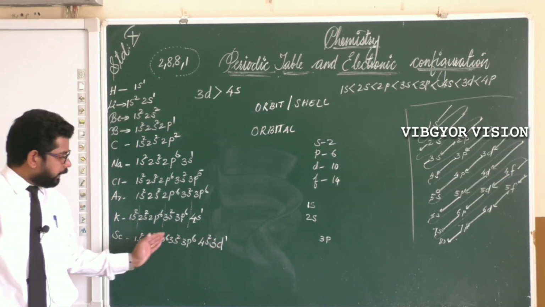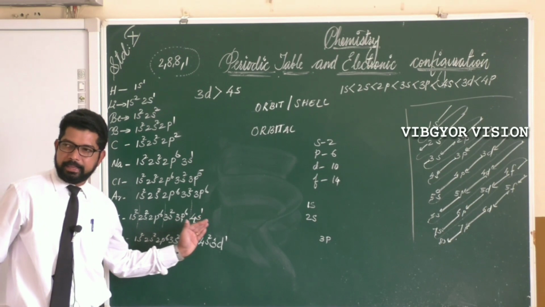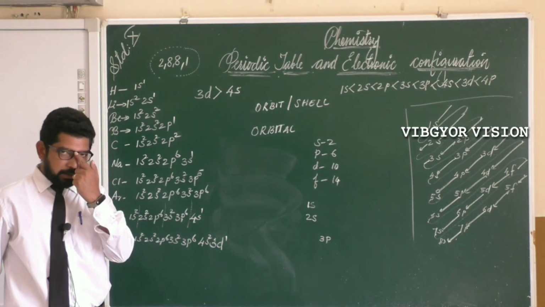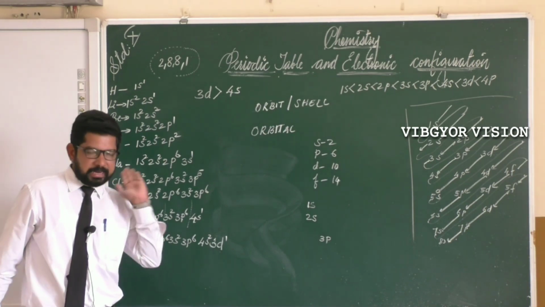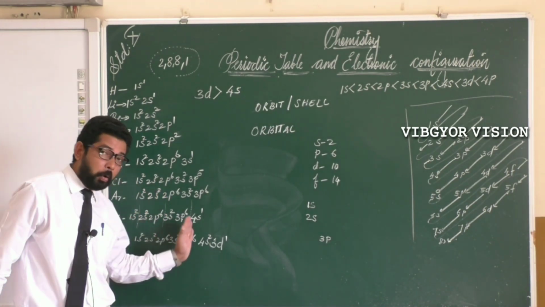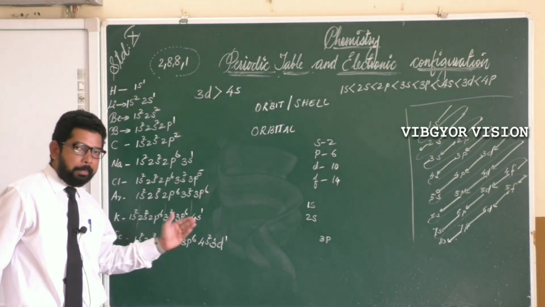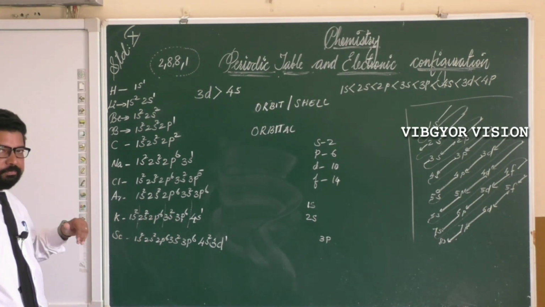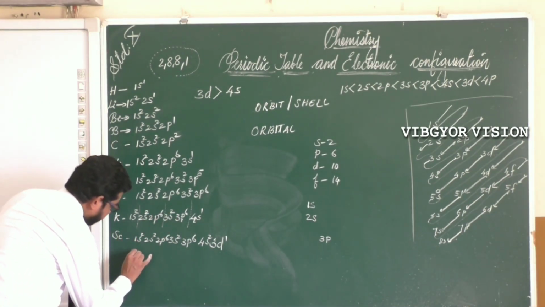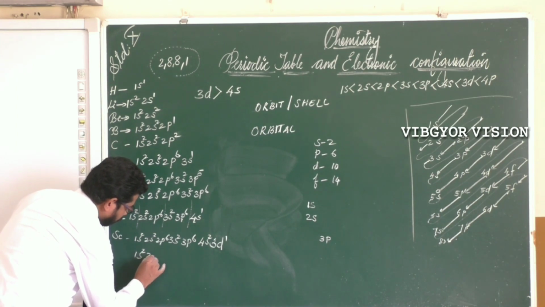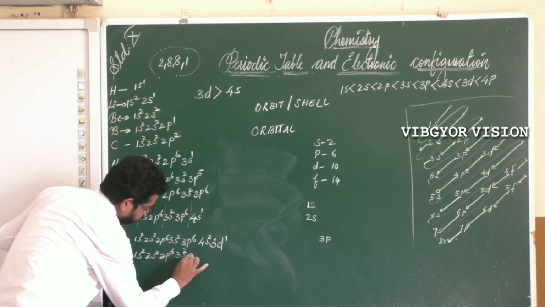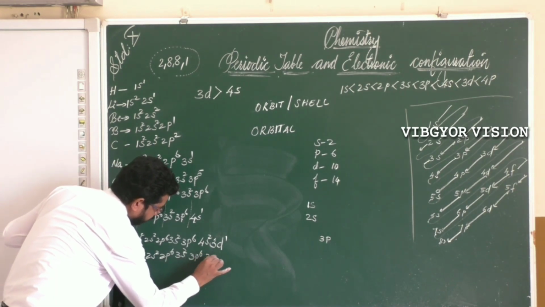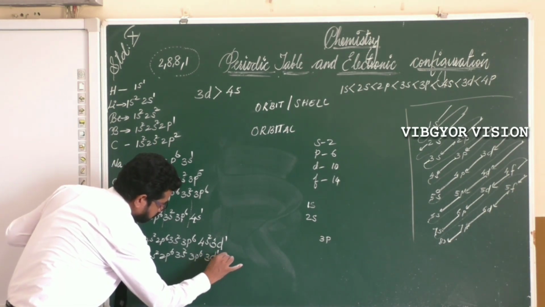But this we have written in increasing energy level. How do we have to write the configuration? We have to write in the shell order. This one is in increasing order of energy of subshells, but while writing the configuration, we have to follow shell order. That means we write it as 1s2, 2s2, 2p6, 3s2, 3p6, 3d1, 4s2.